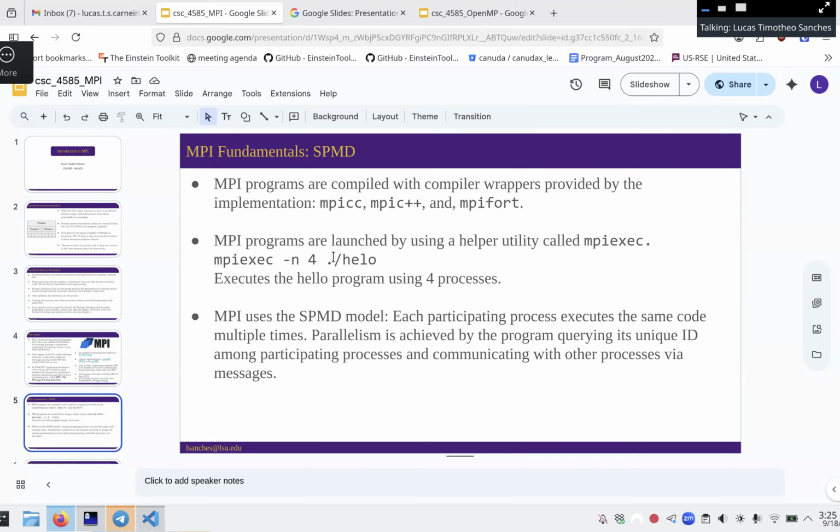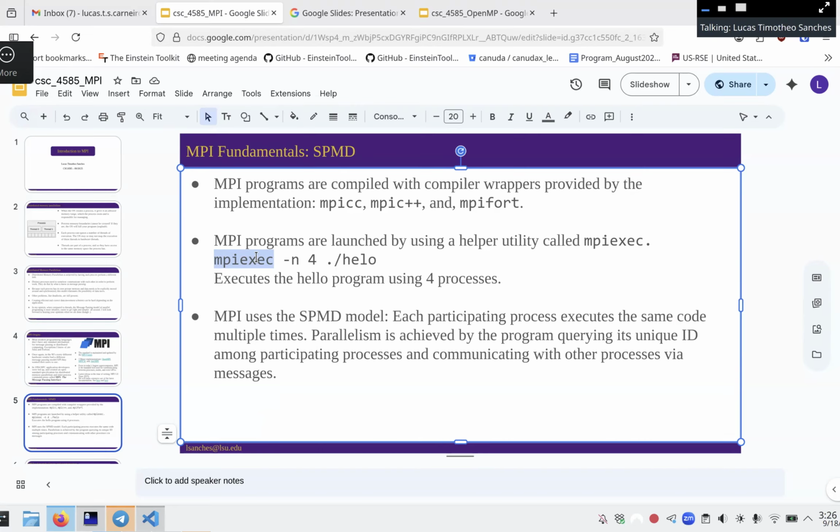Okay. And this is the important bit. What the SPMD model says is that the 4 versions of this program will be identical. So you're going to launch hello 4 times, and your operating system will see 4 independent processes running. They were all created via mpiexec. What makes them special is that these 4 programs can communicate with each other by calling certain instructions in the source code.